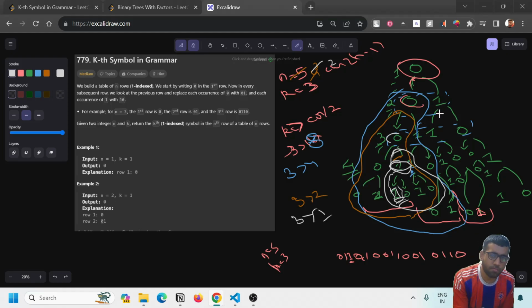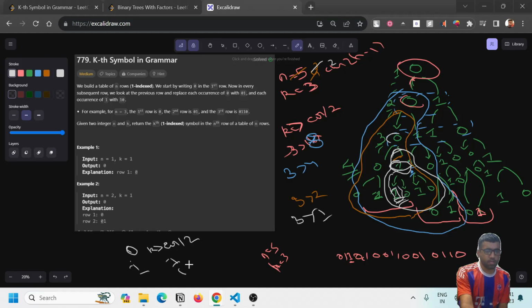While we go down, we don't know the values, so we need to find them. The logic can be: if we are at 0 and k is greater than half, then it's going to be 1, and if it is 1, then it's going to be 0.